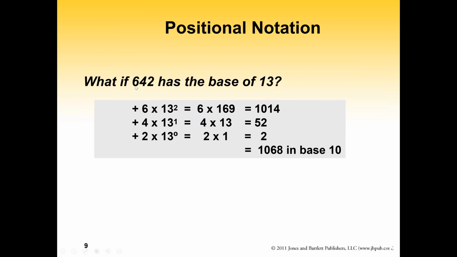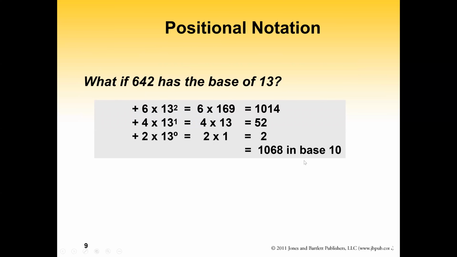If I want to convert this number, the same process. The only thing that we change now, instead of base 10, we are using base 13. So it will be 13 to the power 0, the least significant digit, which is 2. 4 will be 13 to the power 1. Then 6 is in the third position, so it will be 13 to the power 2. Why? Because it's 3 minus 1. n is 3, third position, minus 1.